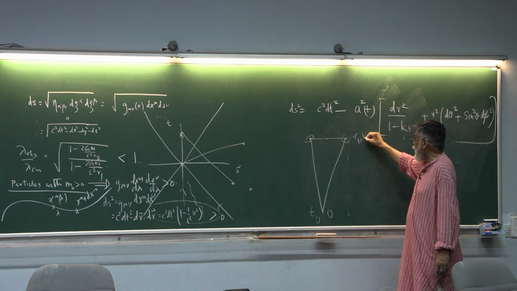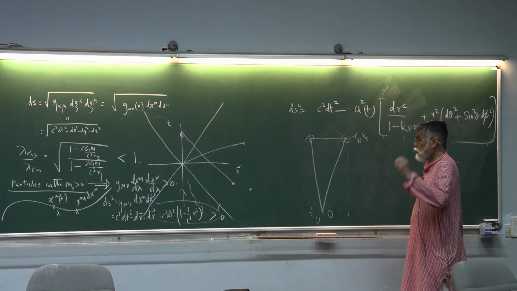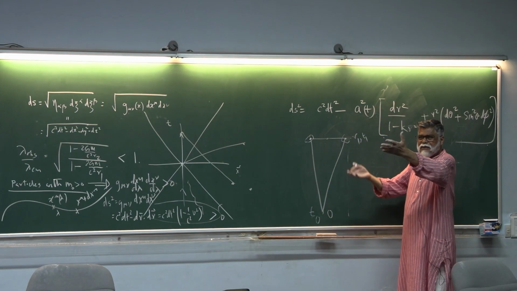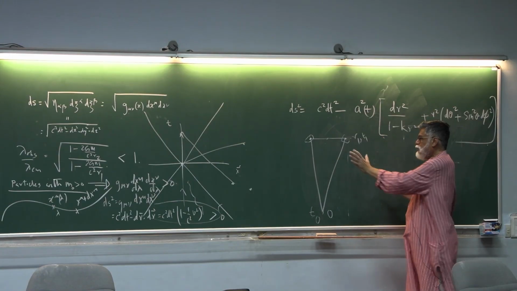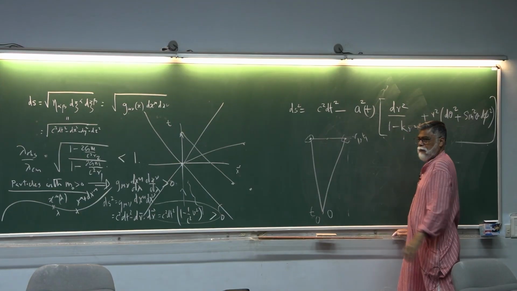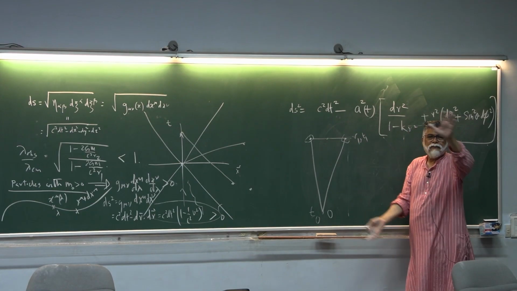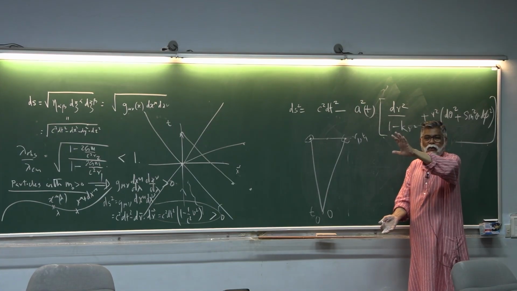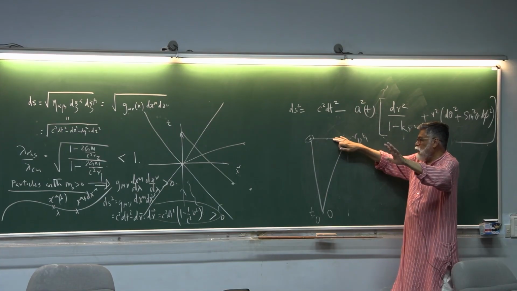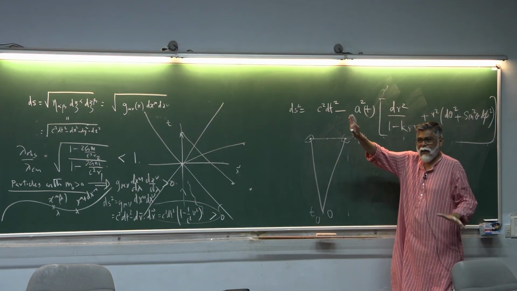The actual light signals started from here at time t1. We can always choose an isotropic system, so I can choose this plane to be the theta equal to pi by 2 plane. It's up to me. I can choose my coordinate system so that these two radio blobs are in the theta equal to pi by 2 plane.